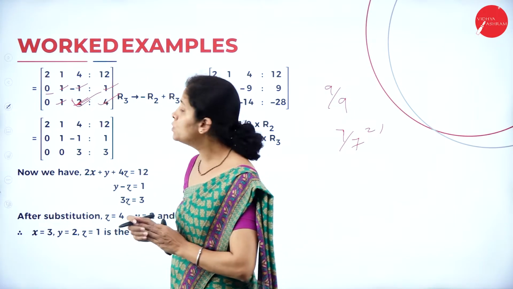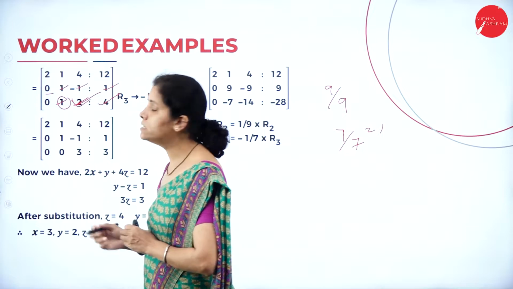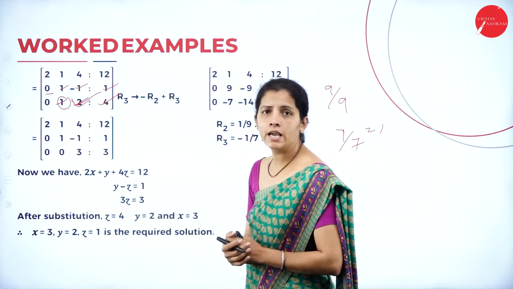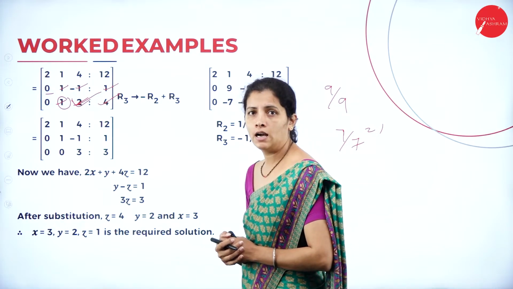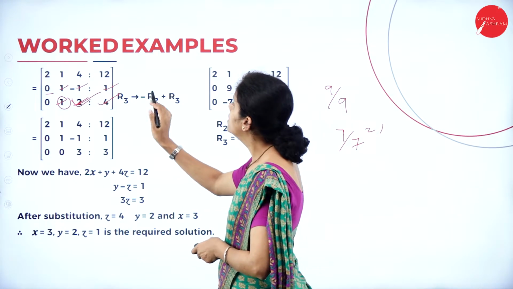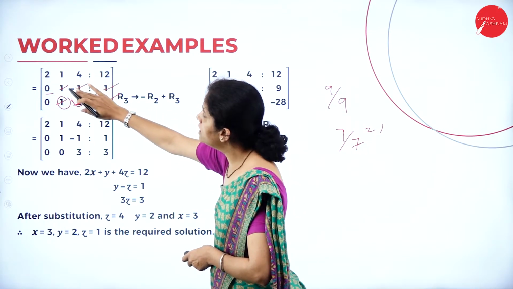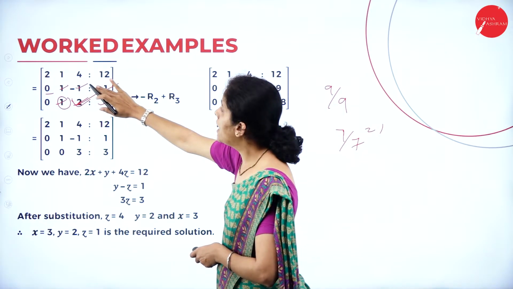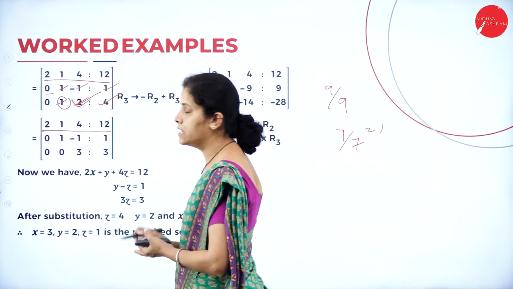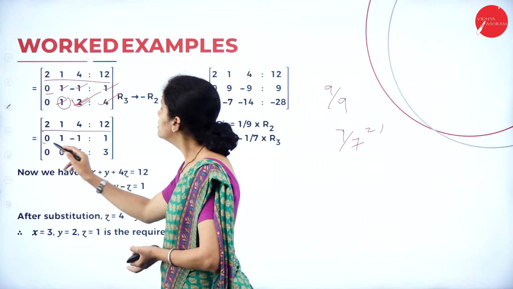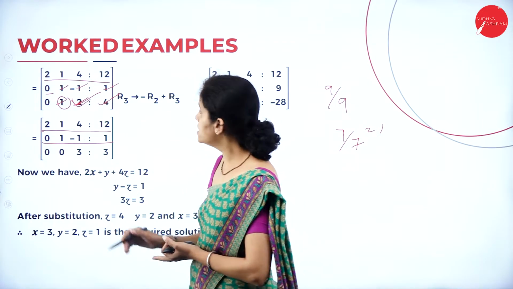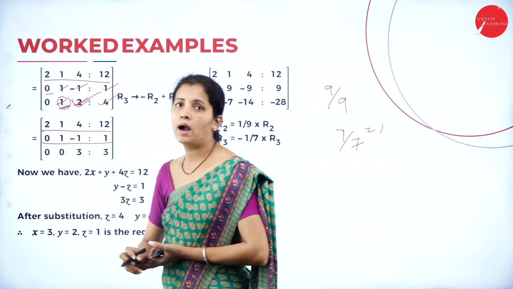Next, I just want to make this element 0. And how am I going to make this element 0? Once again I want to construct the formula, in such a way that I'm going to consider only the second row, and whatever is in the first row I will write as it is, and I'm going to write the second row as it is, because I just want to modify this value.